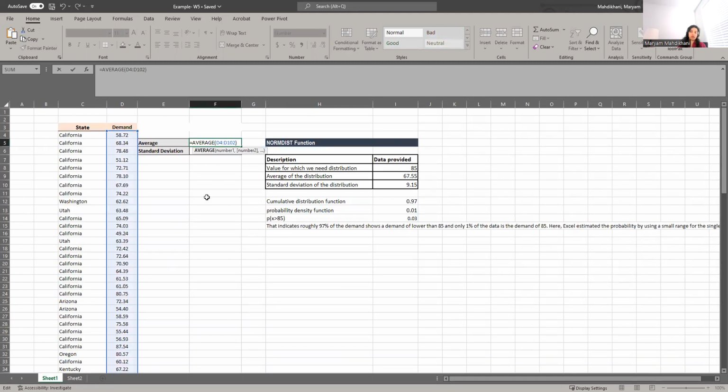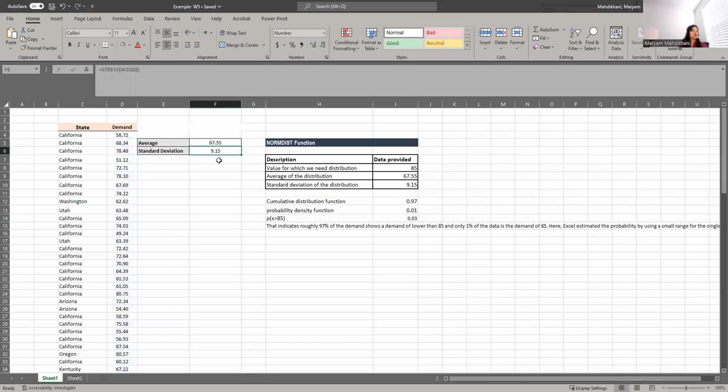You see it highlighted. Then close the parentheses. The second step is to calculate the standard deviation. For that, I just type STDEV, choose the data, and close the parentheses.